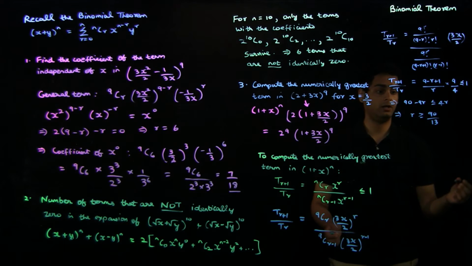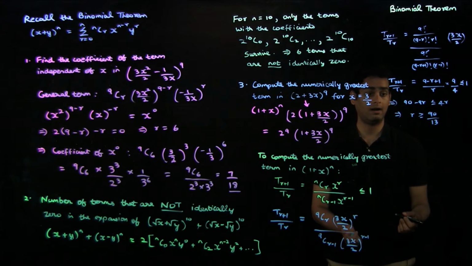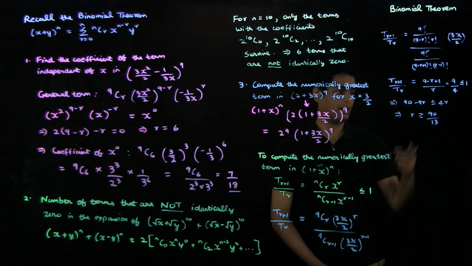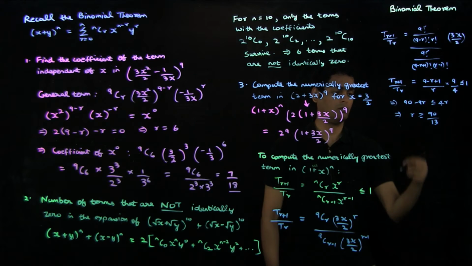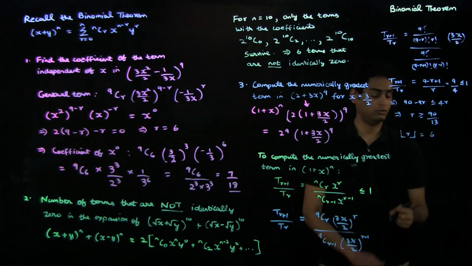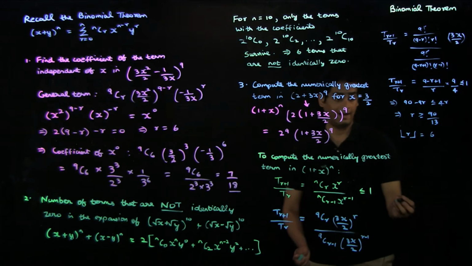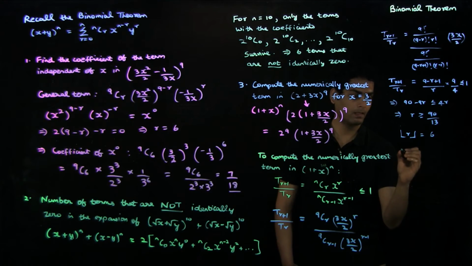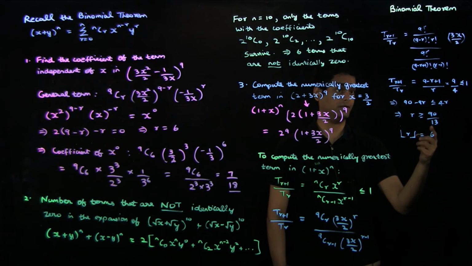So for r greater than or equal to 90 by 13, you have T(r plus 1) is less than or equal to T(r), and since r is not an integer, we round down, so we have the floor of r giving you 6. So you check for T7 being greater than or equal to T8.